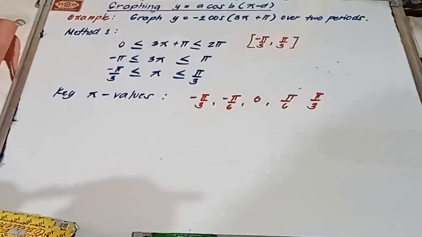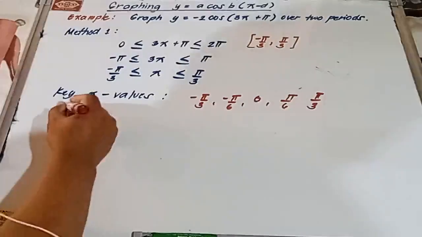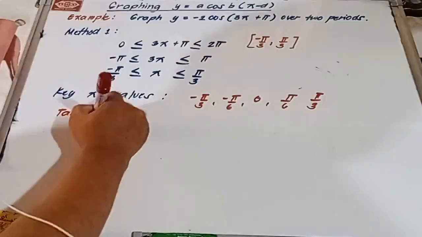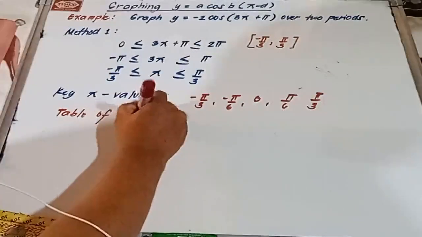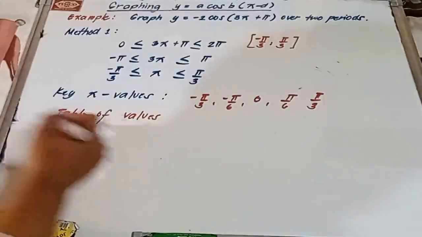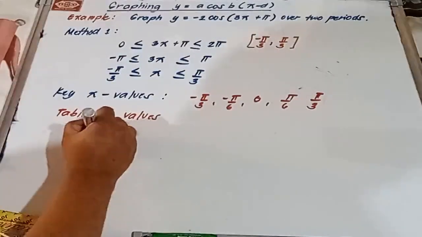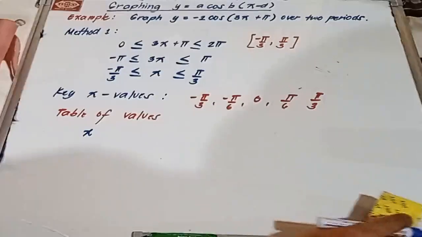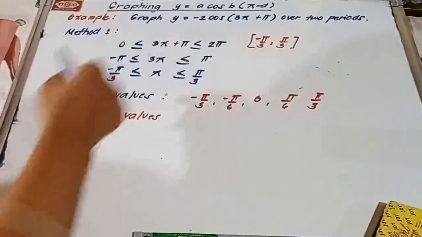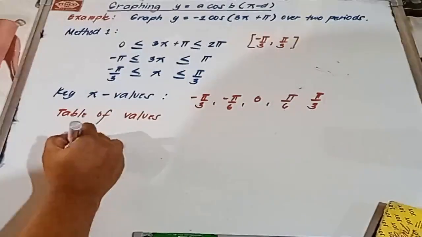Gawa tayo ngayon ng table of values. So, we have here the x value. Then, we have here, kailangan natin doon 3x. So, we have here 3x.